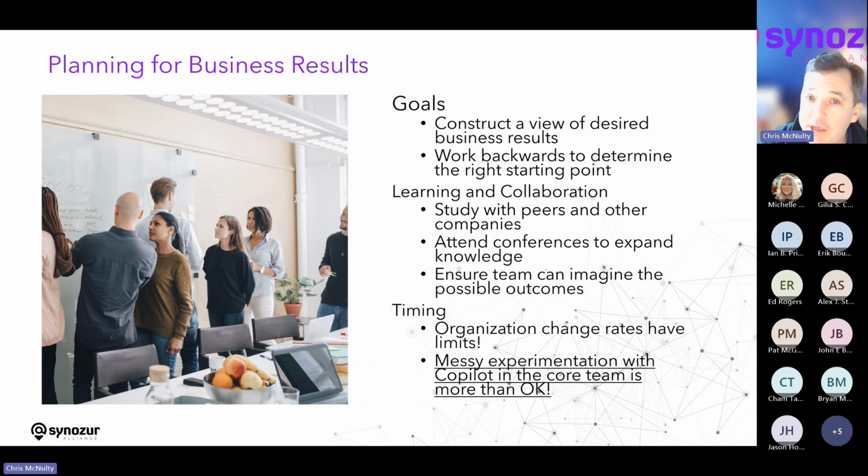So messy experimentation is fine, but you also have to keep in mind, once you start getting into pilot and once you start getting into deployment, every organization has a natural change rate. And if you move faster than the organization can absorb, you're going to lose people along the way. That requires some honest understanding about what industry you're in, what your workforce is like, and what some of the regions and operations are that you have.